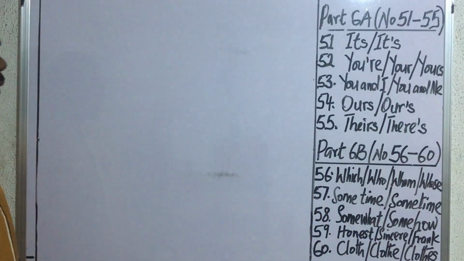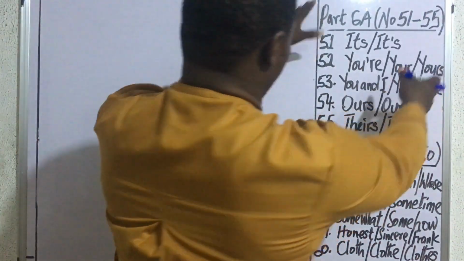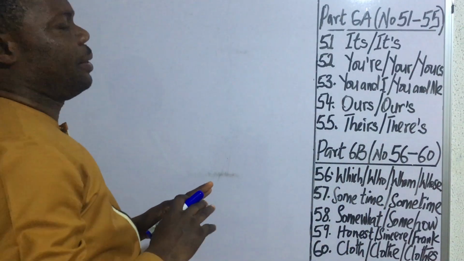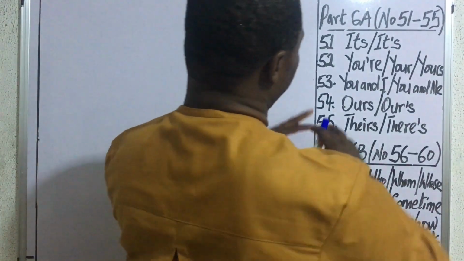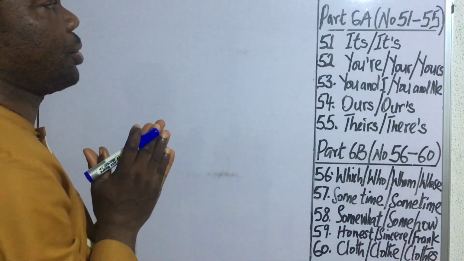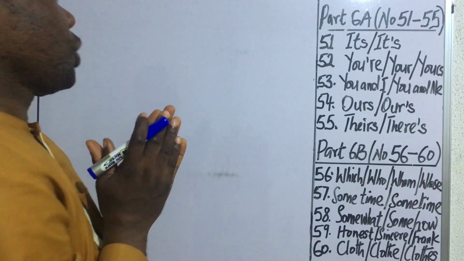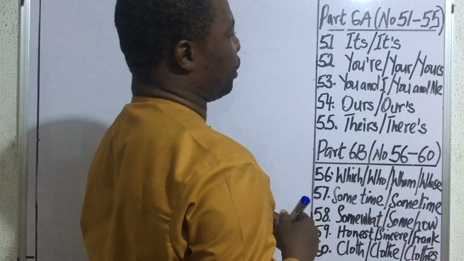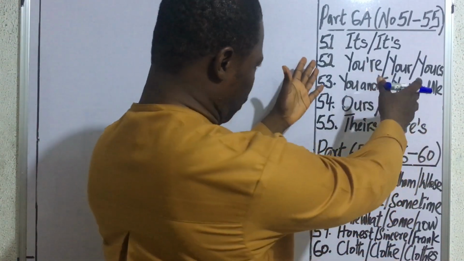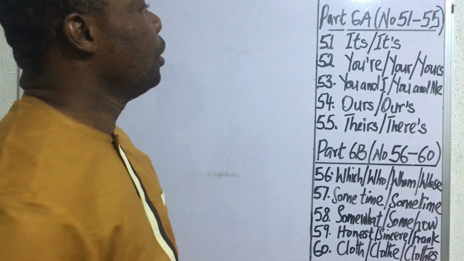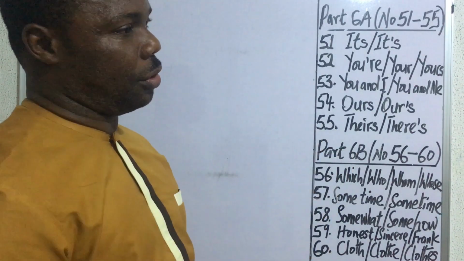If you look at words number 51 to 55 very closely, you find something that is common among them. These words are all pronouns. And as pronouns, students have got to be very careful with the way they approach these words, whether in spoken English or in written form or under the examination condition.